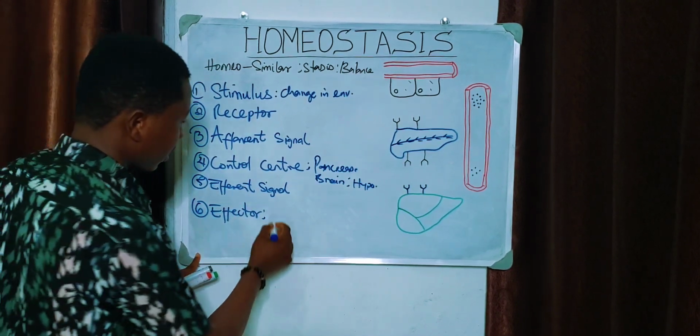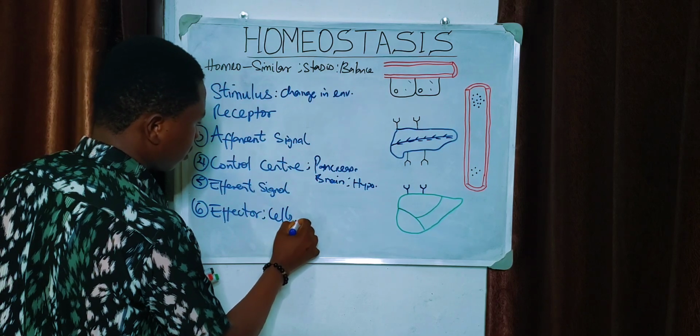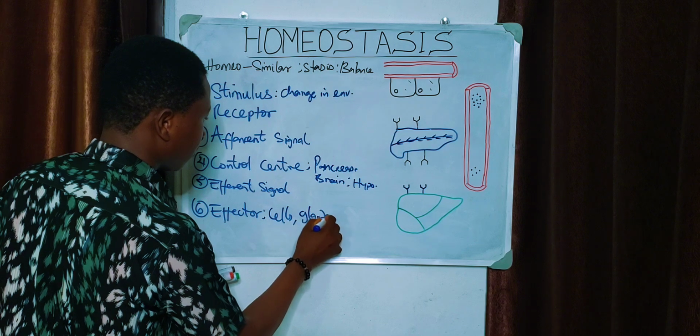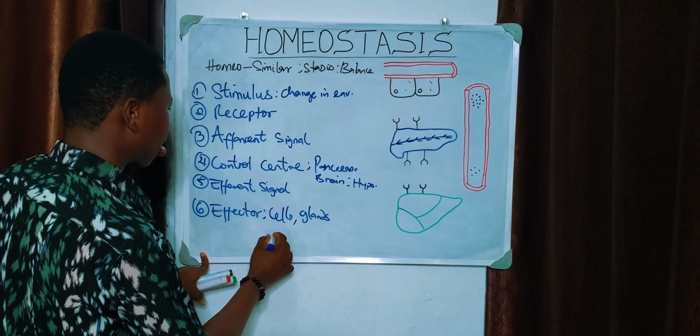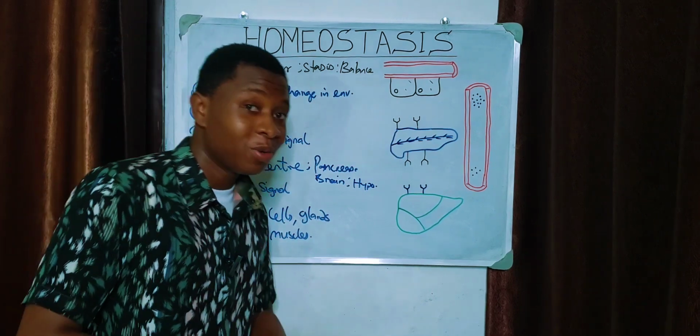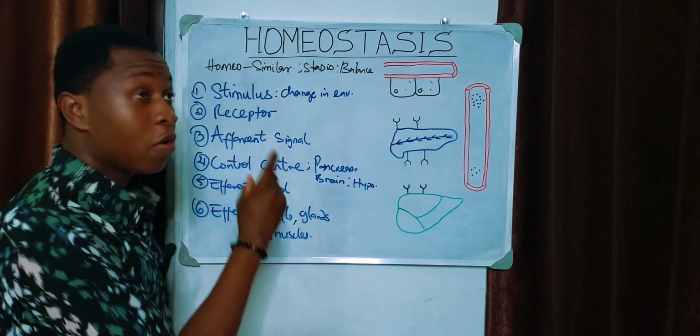Effectors could be cells, could be glands, and even muscles. So these are the basic components of homeostasis.